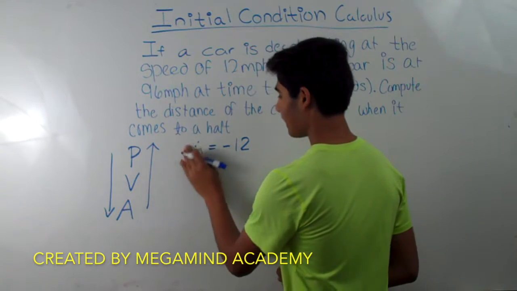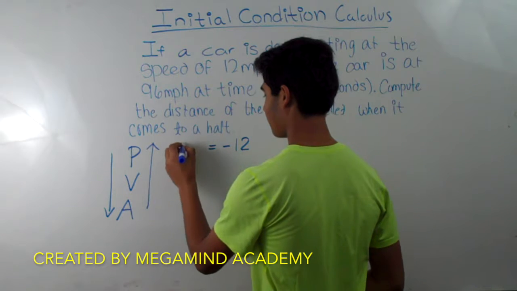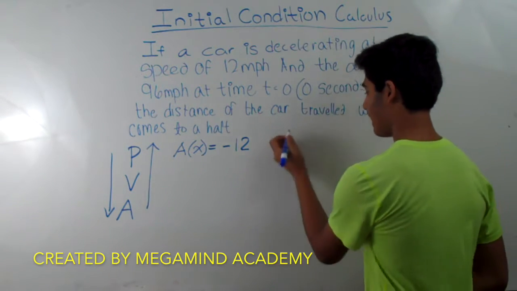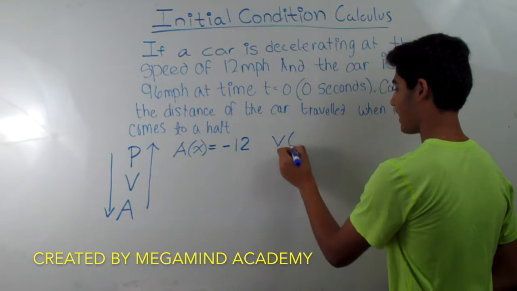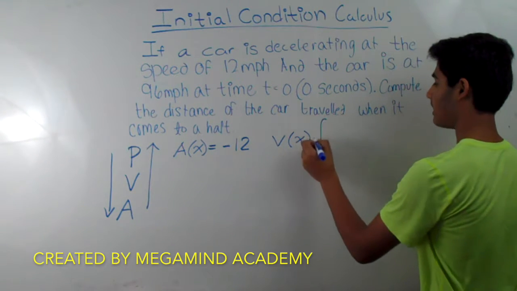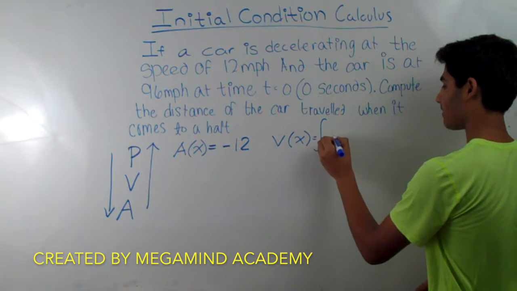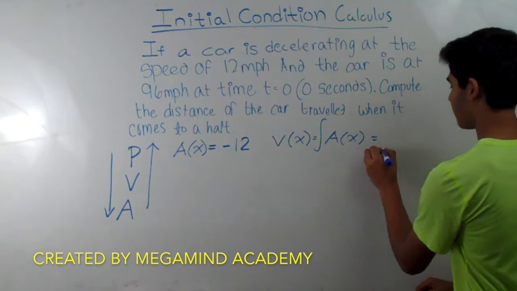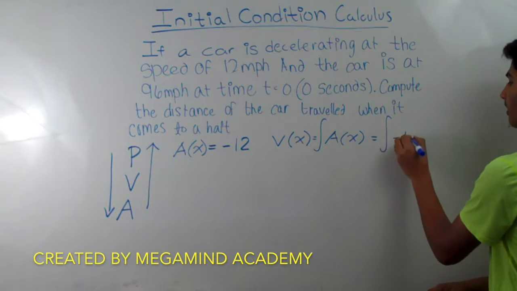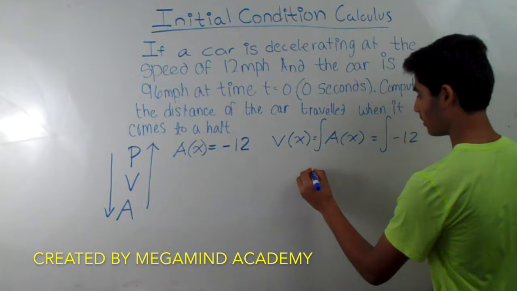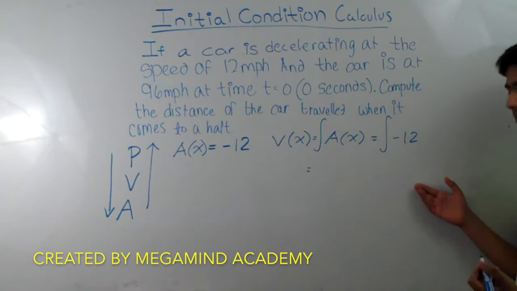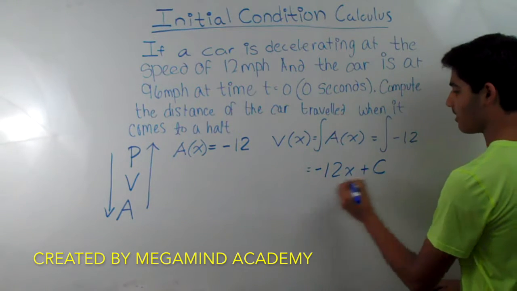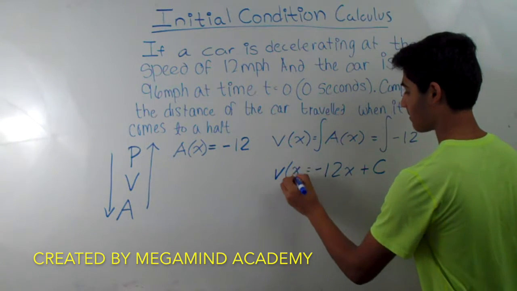So, let's say a of x is equal to negative 12. That means that the velocity function, v of x, is equal to the integral of a of x, which is equal to the integral of negative 12, which would be negative 12x plus c, and this is equal to v of x.